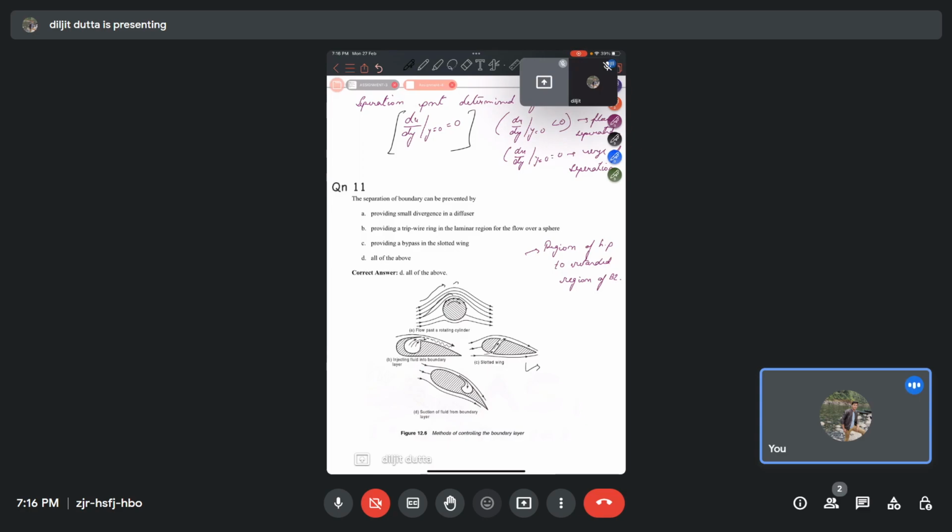But one thing to keep in mind here is, as we come to the bottom part, the sphere or ring is moving in a direction opposite to the flow. So in the bottom part of the trip wire ring or the sphere, there can be a boundary layer separation.